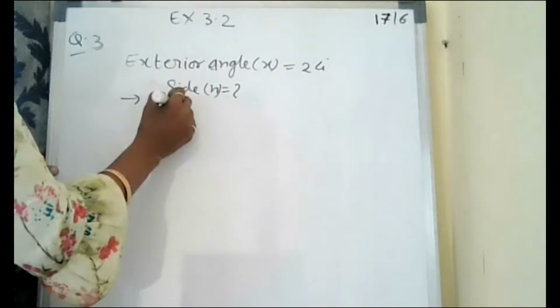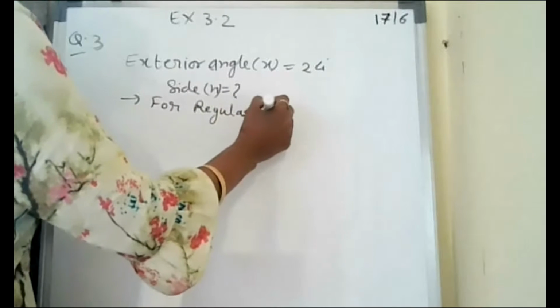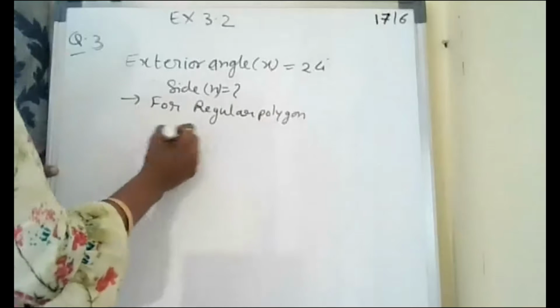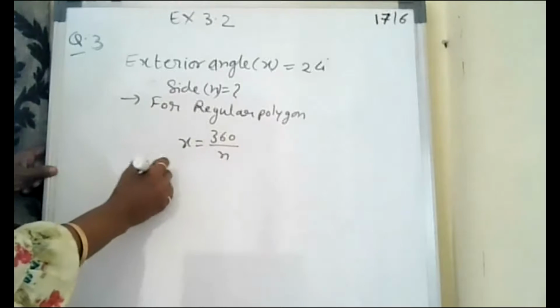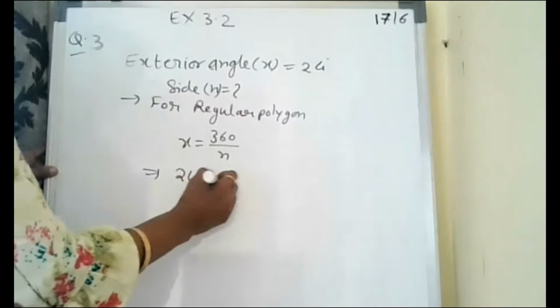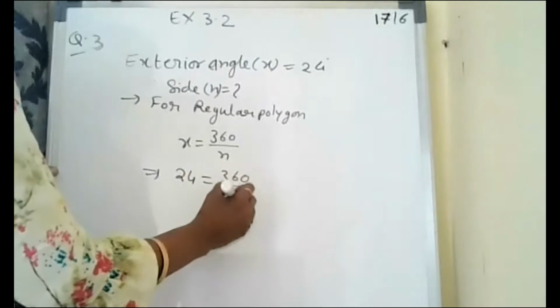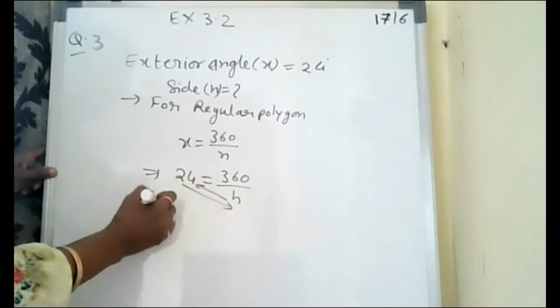For regular polygon, we know that x is equal to 360 divided by n. Now in place of x, we will put its value: 24 equals 360 upon n. If we cross multiply, this one goes this side and this one goes this side.